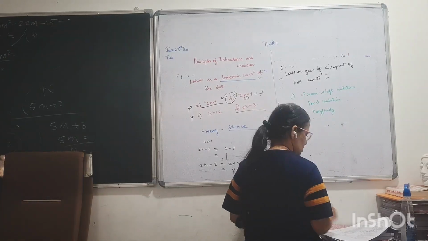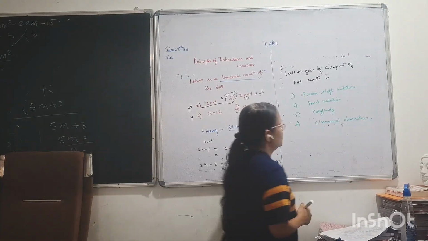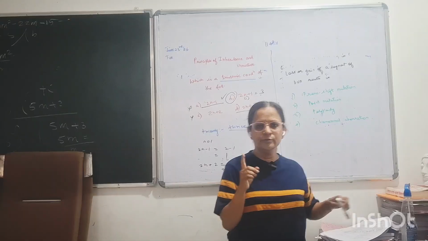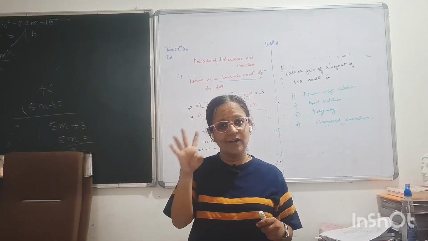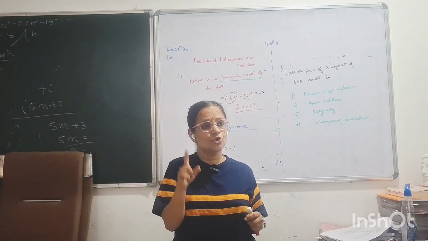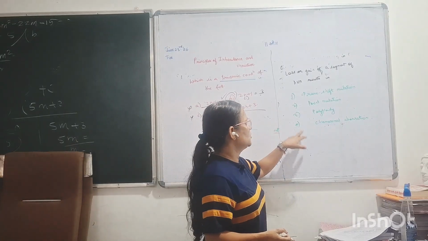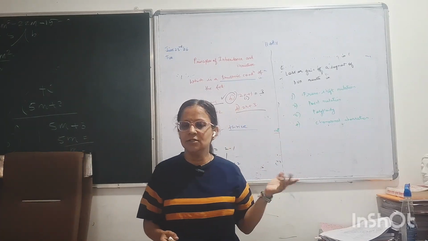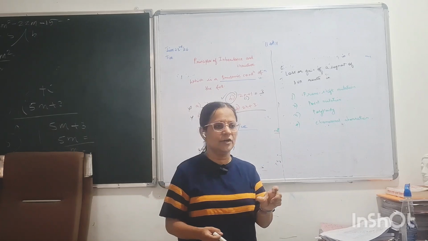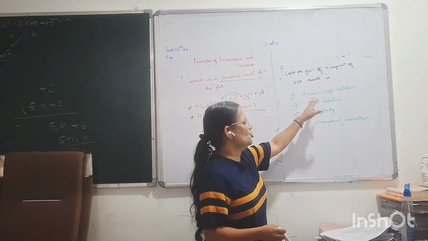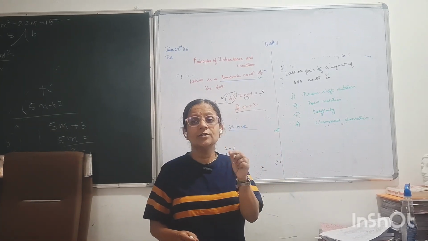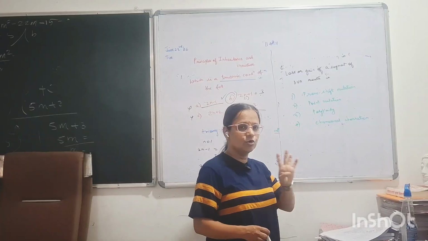And last is chromosomal aberration. Now in solving an MCQ, you must know which option is correct and why it is correct, and which option is wrong and why it is wrong. If you are saying that out of these 4, 1 is correct, then why are the other 3 wrong? You should be able to justify. And in order to justify, you must know the concept or the theory behind each of the 4 options.